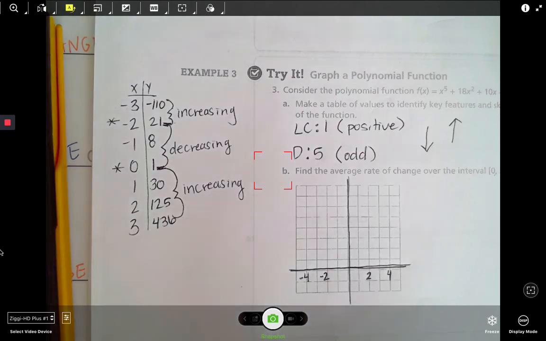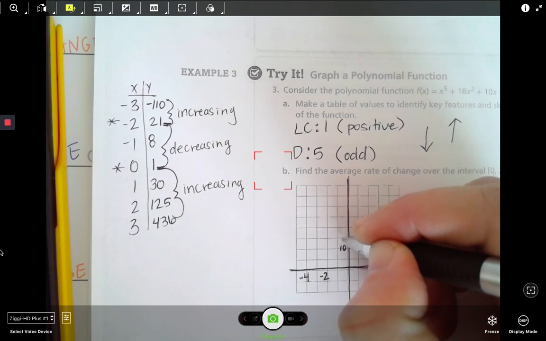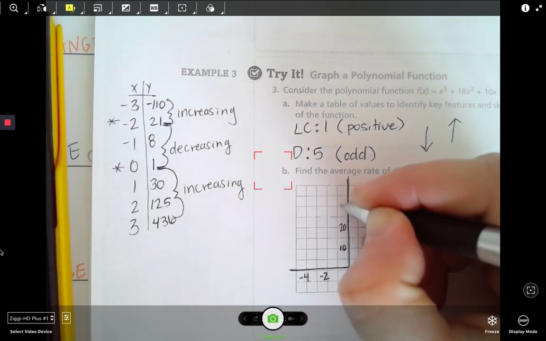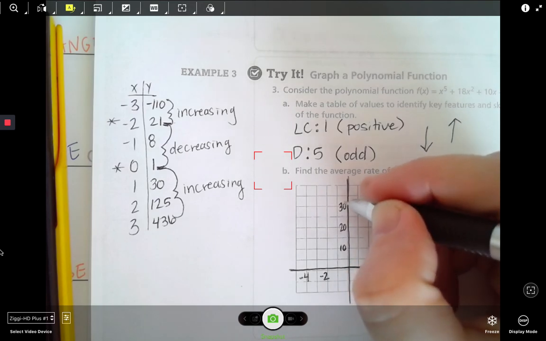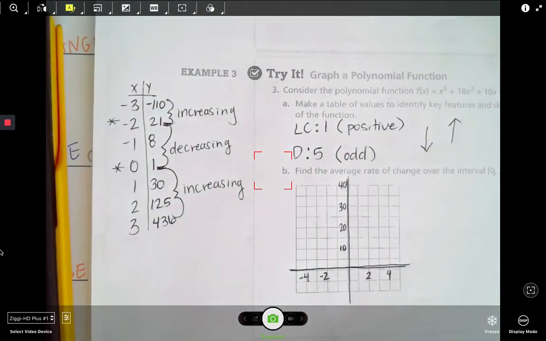And then they went up by 5, so this would be 5, 10, 15, 20, 25, 30, 35, 40. And we're just going to plot the points that we can here.